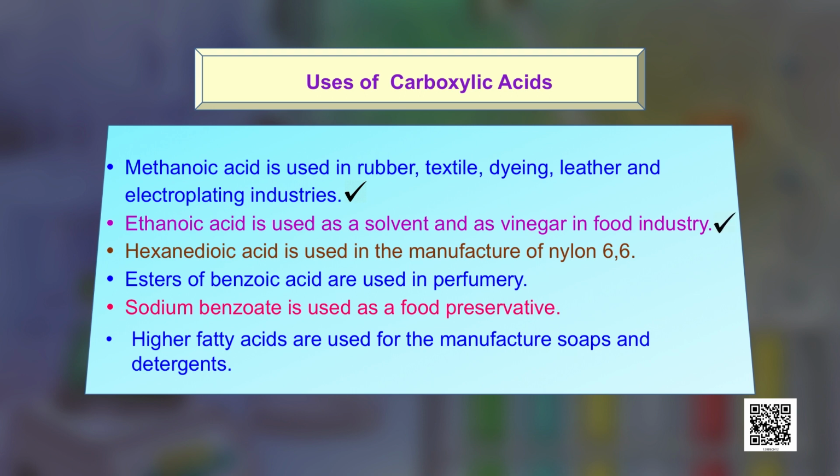Ethanoic acid is used as a solvent and as vinegar in the food industry. Hexane dioic acid is used in the manufacture of nylon 6,6. Esters of benzoic acid are used in perfumery. Sodium benzoate is used as a very common food preservative. Higher fatty acids are used for the manufacture of soaps and detergents.